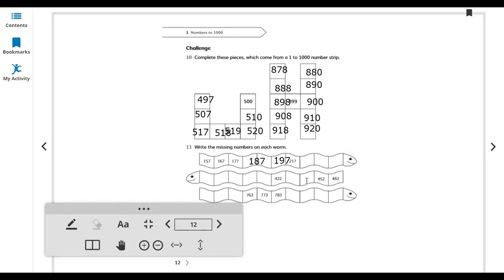After this, 432 minus 10, 422, 412. And so on. We are doing 10 difference here, so we can do this. After this, the next part, 763, 773. So we can easily find the number.